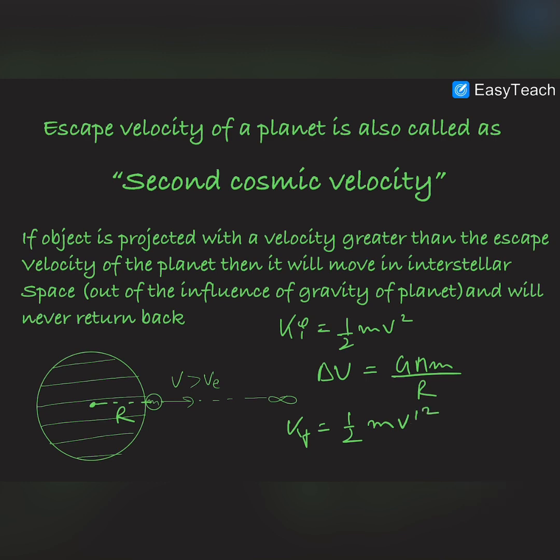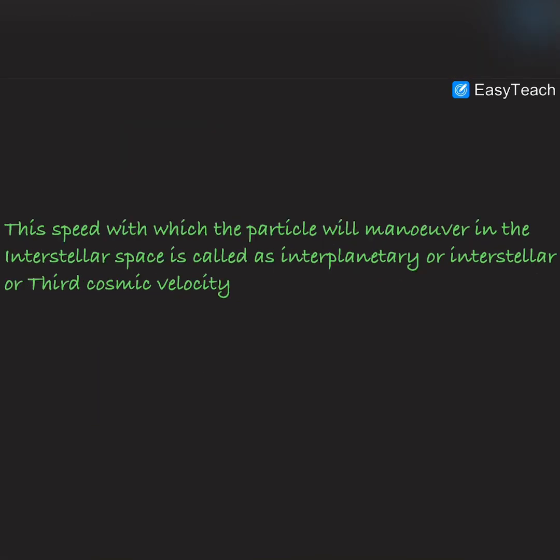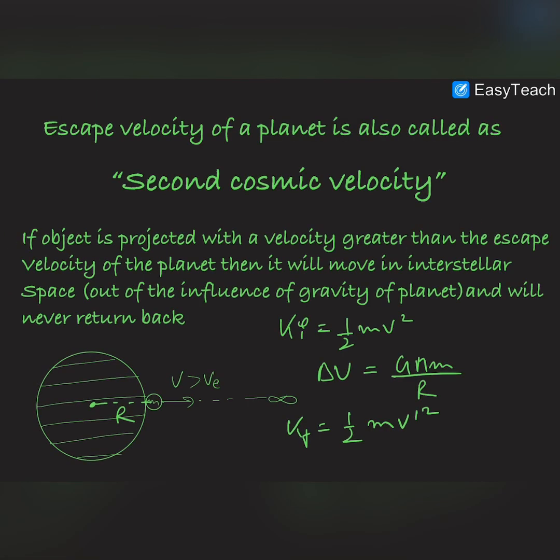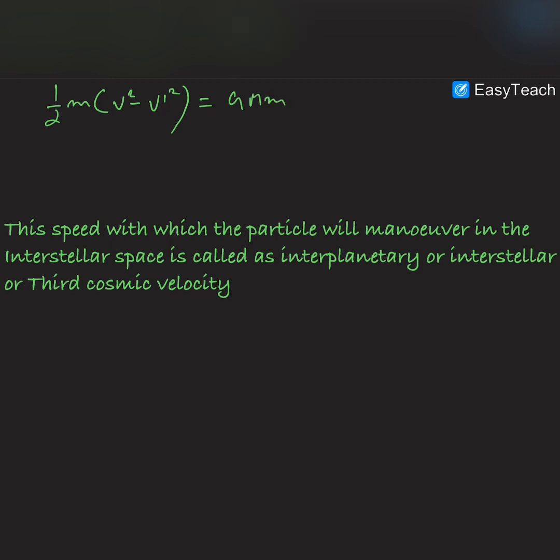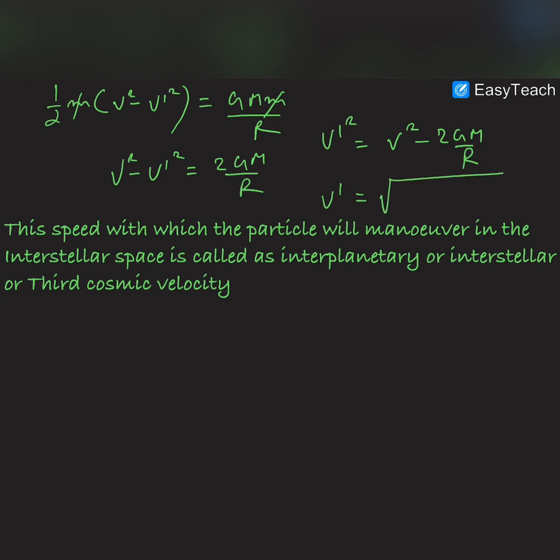So obviously some part of the kinetic energy would be converted into potential energy, and therefore we can say that half m times (v square minus v dash square) is equal to GMm by R. Cancelling m with m, v square minus v dash square is equal to 2GM by R, and v dash square is equal to v square minus 2GM by R. So v dash is equal to the square root of (v square minus 2GM by R).